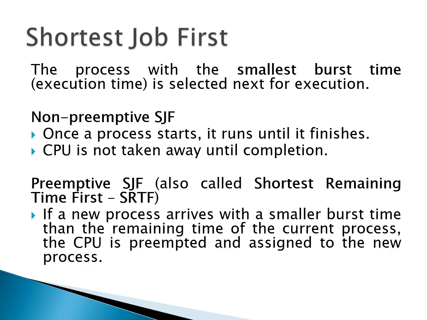There is another method, which is preemptive SJF, also called shortest remaining time first. Here, if a new process arrives with a smaller burst time than the remaining time of the current process, the CPU is preempted and assigned to the new process.